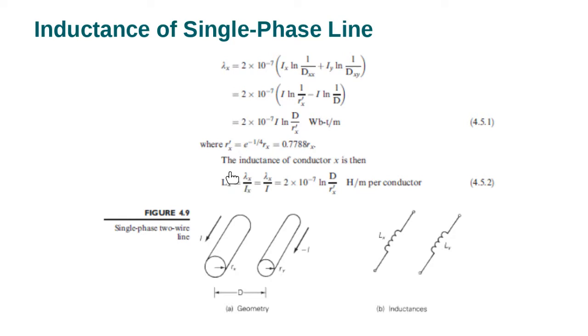Lx will not be the same as Ly. Lx will be different than Ly. Here, per conductor, Henry per meter per conductor. This is the inductance of X, therefore you put it inductance of X conductor. So this is per conductor.